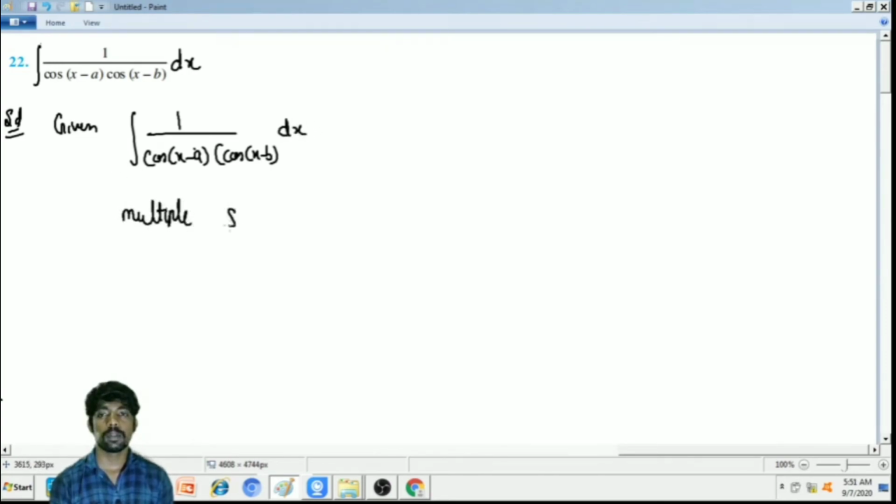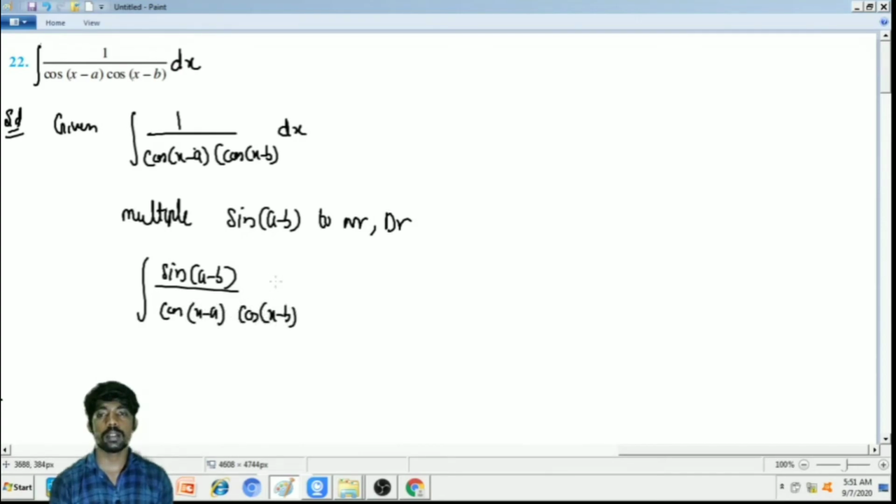Multiply sine of a minus b in numerator and denominator. So I am multiplying sine of a minus b by cos of x minus a into cos of x minus b dx, with 1 by sine of a minus b outside.